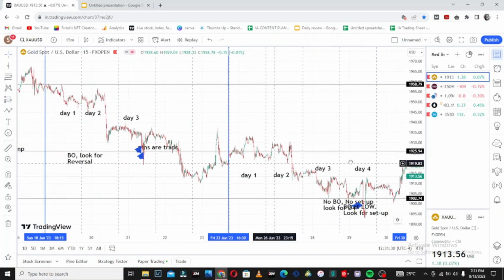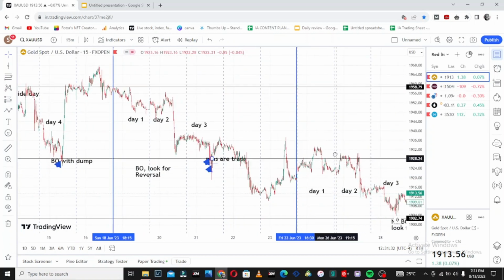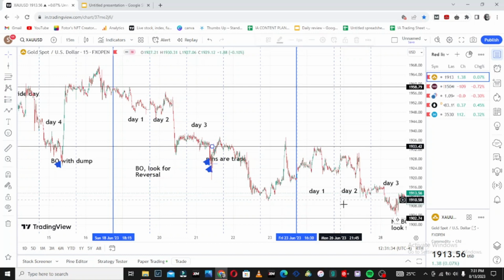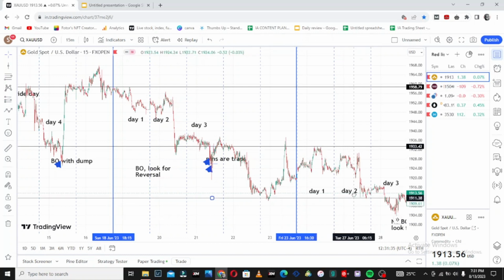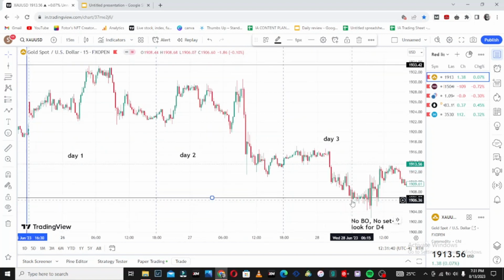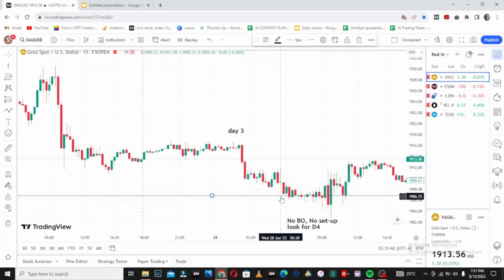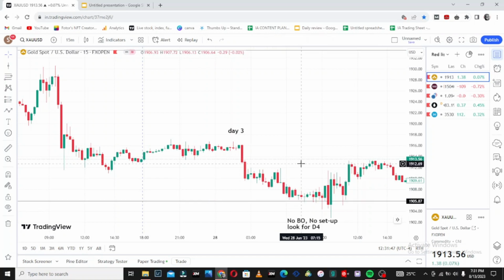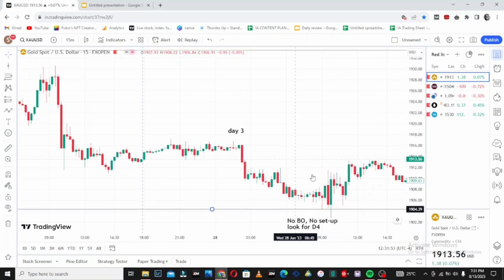Another one. So we have the high of the week, and we have the low of the week on day 2. On day 3, this is what happens. We have this low set here, but we have no clean breakout. These pins are just extending the low.